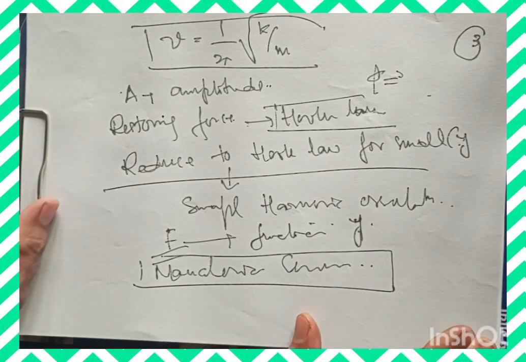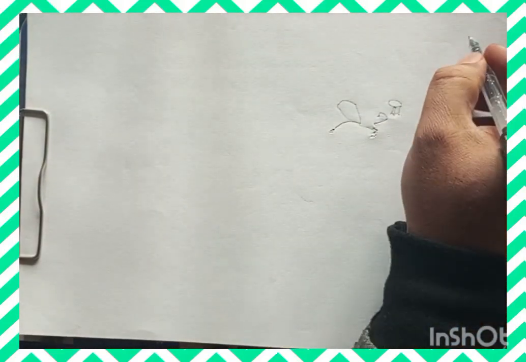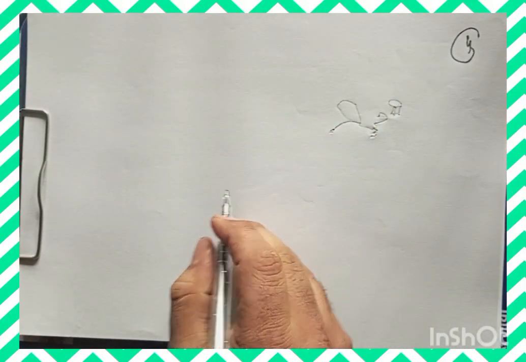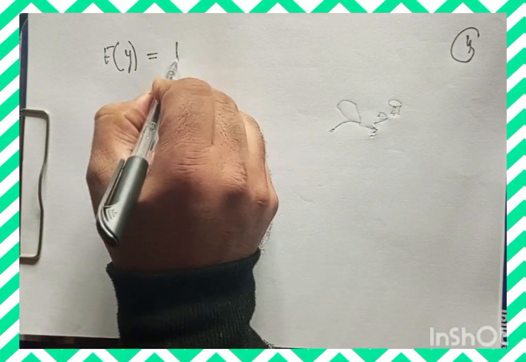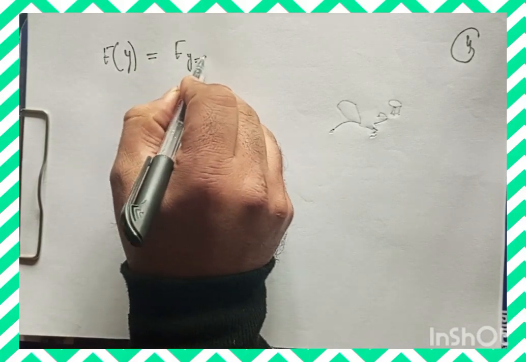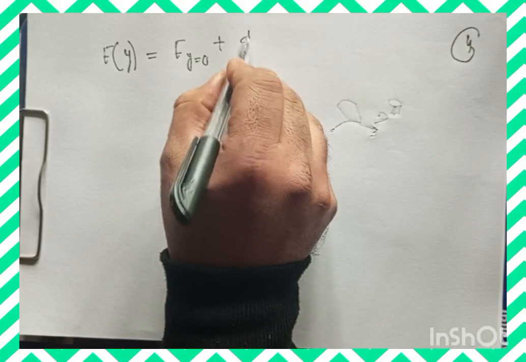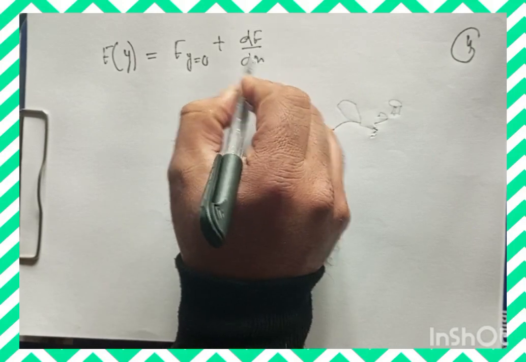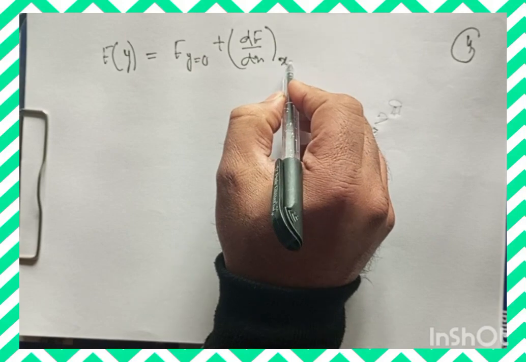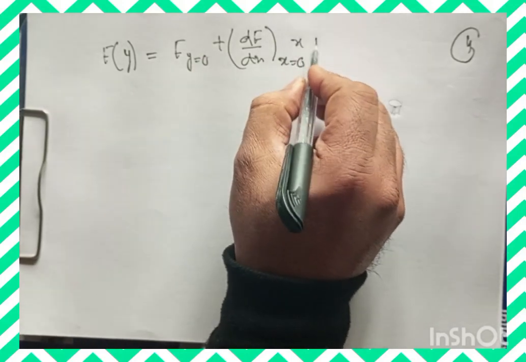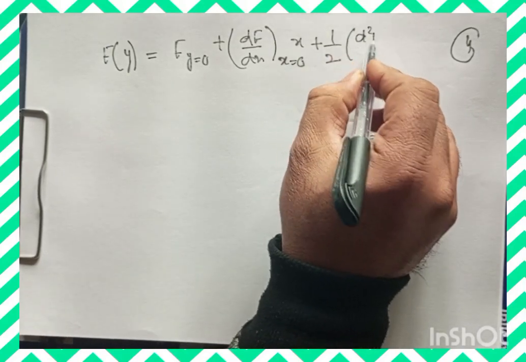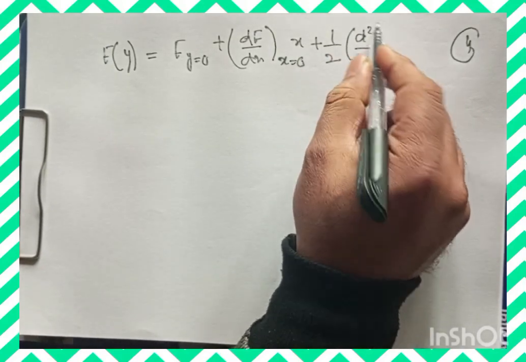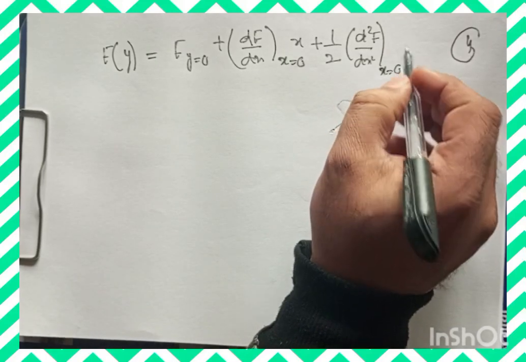So if we write down this Maclaurin's series, what we will have is f as a function of y, and I can write it as f at y equal to 0, then df by dx at x is equal to 0 times x, plus then 1 by 2 of d2f by dx2 from x is equal to 0 and x squared.